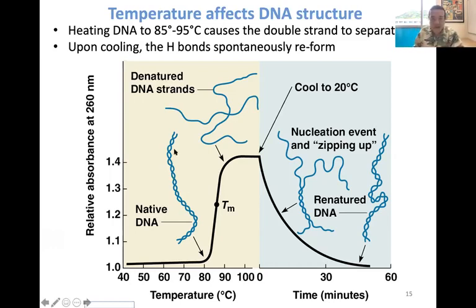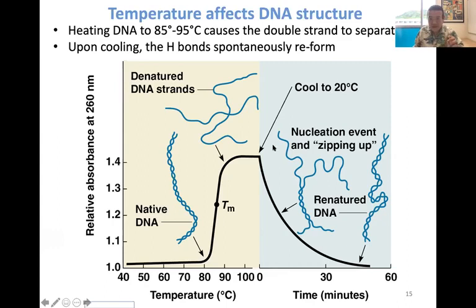If you start off with a native strand of DNA in its normal double helical form, it'll stay double helical up until around 80 degrees Celsius. But if you heat it above that, to like 90 degrees or so, that's too much vibration. The heat energy is vibrating all the nitrogenous bases too much, and then the two strands come apart.